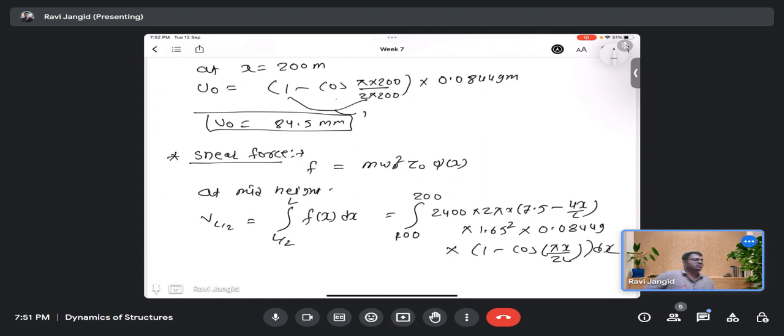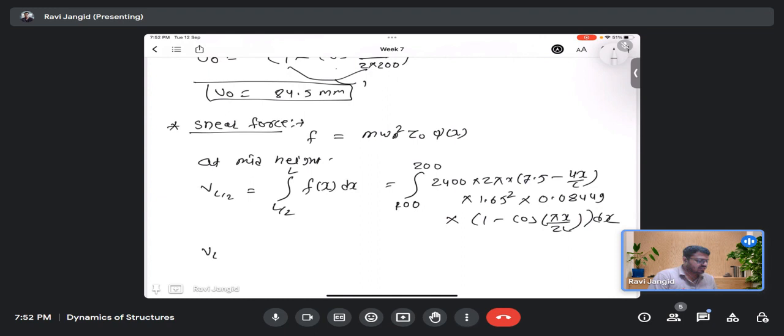So you need to integrate this. After integration, you will get the shear force at mid height as 937,502.7 Newton, or you can say 937.5 kilonewton.